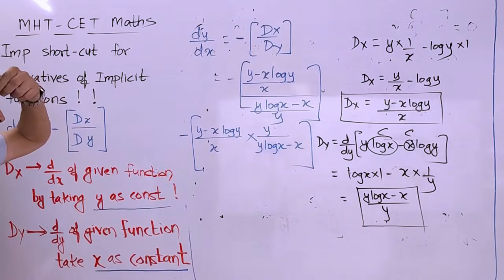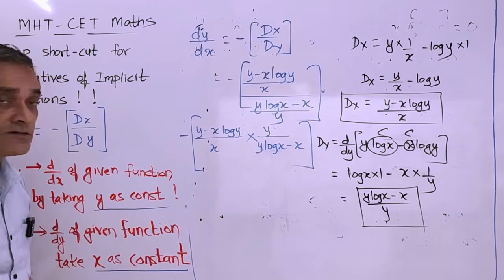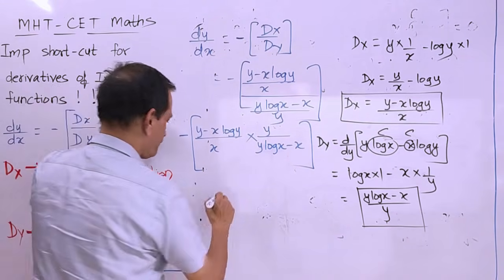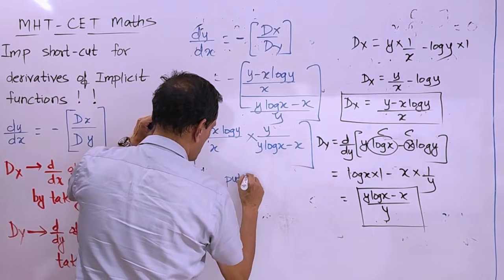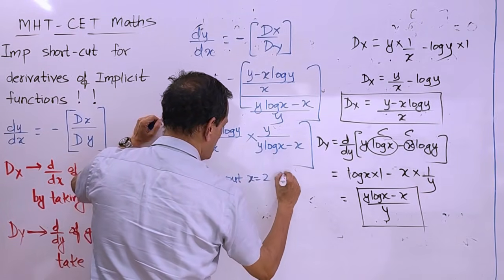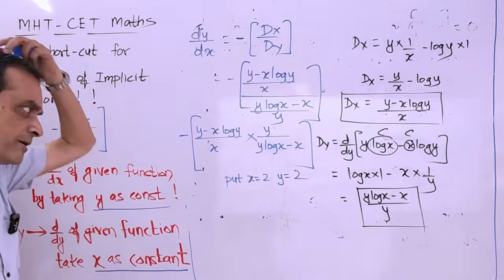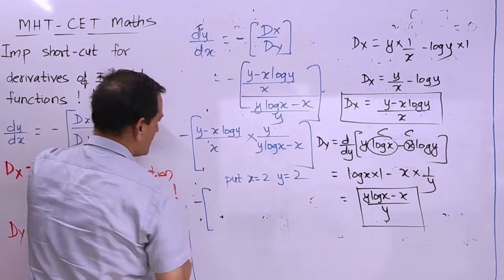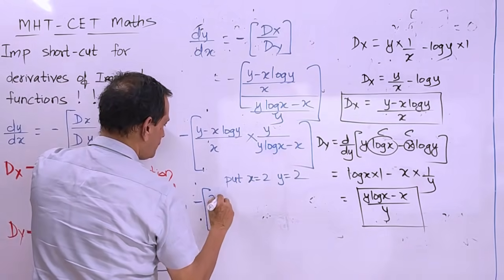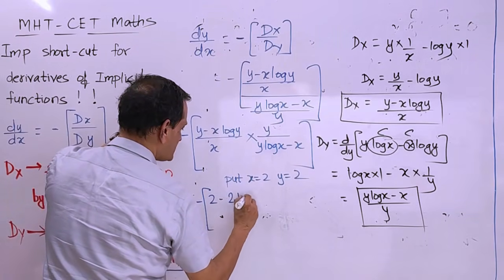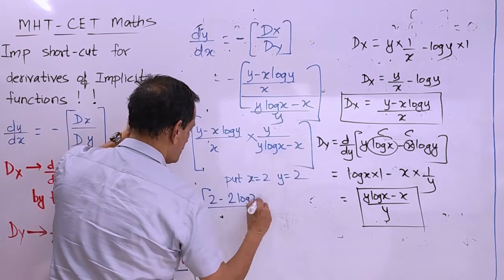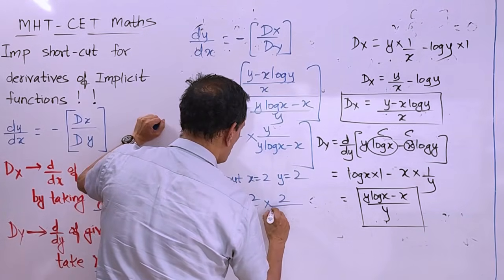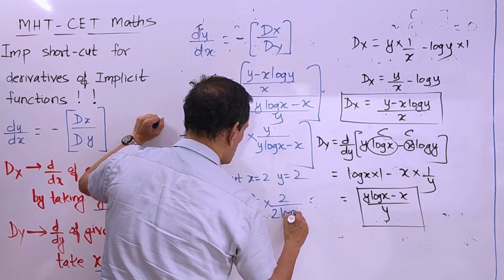Okay, but they have said find the value at x equal to 2, y equal to 2. Substitute. Y is 2, x is also 2.